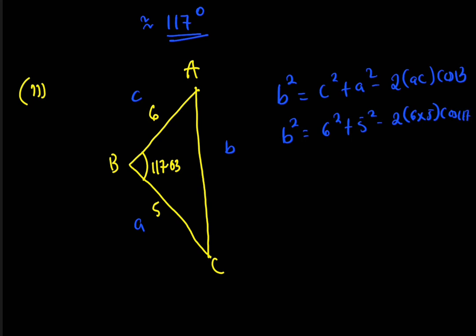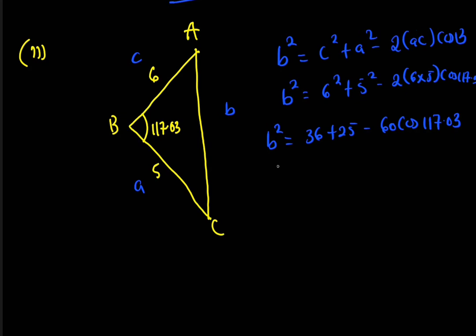Let me use the 117.03. Now I have b squared is equals to 36 plus 25, then minus 60, then cos 117.03. I'm using the raw value. I don't want to use the approximated value.